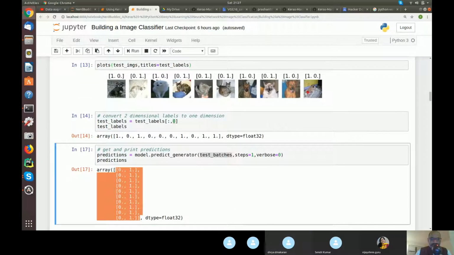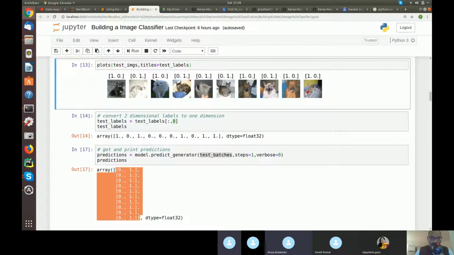So here, which animal is 0, 1? So this one is a dog. This is labeled as 1, 0. And this one is a cat, labeled as 0, 1.